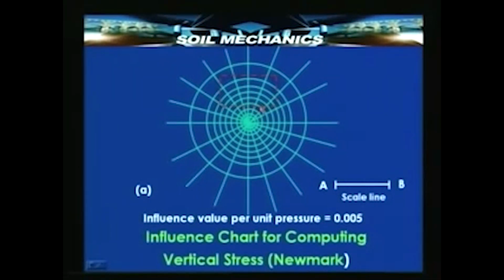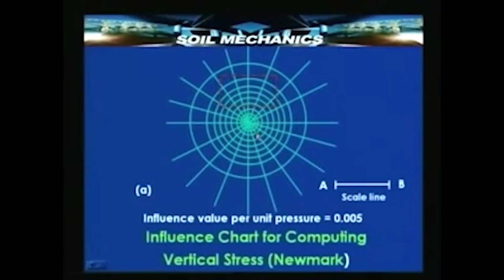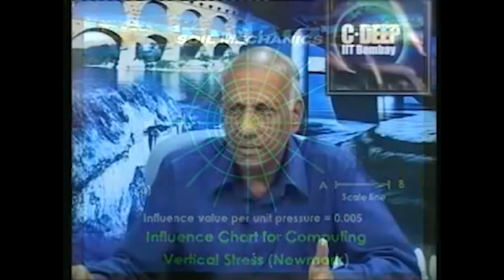So the total influence value for this entire rectangle will simply be the sum of the areas of every small elemental sectoral area put together.